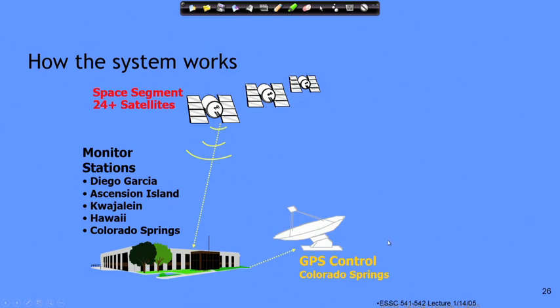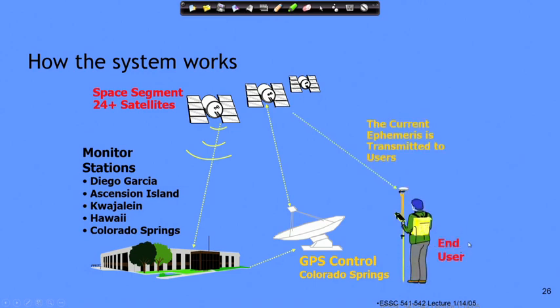As a result of this monitoring, the satellites calculate their positions, and finally it is transmitted to the end users. So, the current ephemeris is transmitted to the end users, who use the GPS coordinates at their particular point using some GPS receiver.